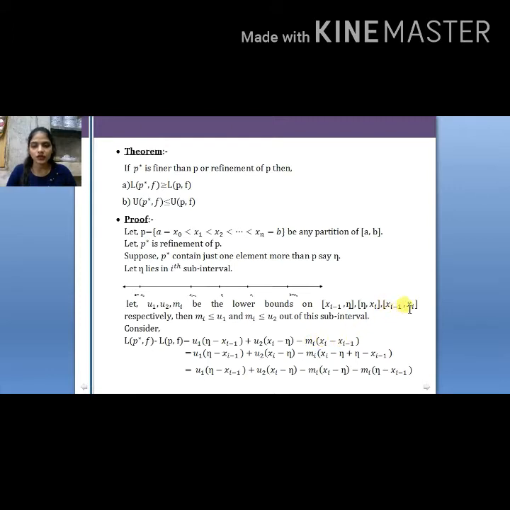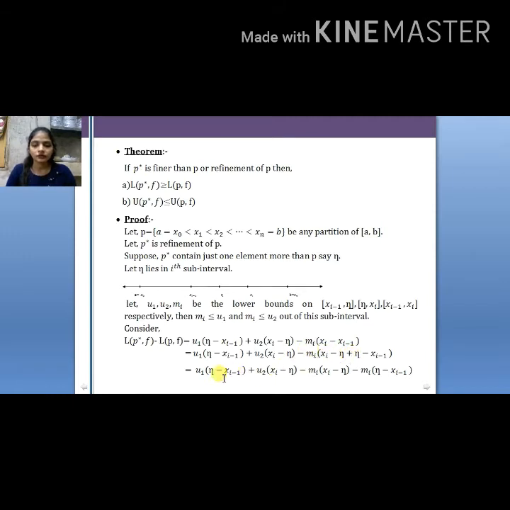This is equal to u1 into (eta minus x_{i-1}) plus u2 into (x_i minus eta), as it is, minus mi into (x_i minus eta plus eta minus x_{i-1}). Here we add eta and subtract eta.